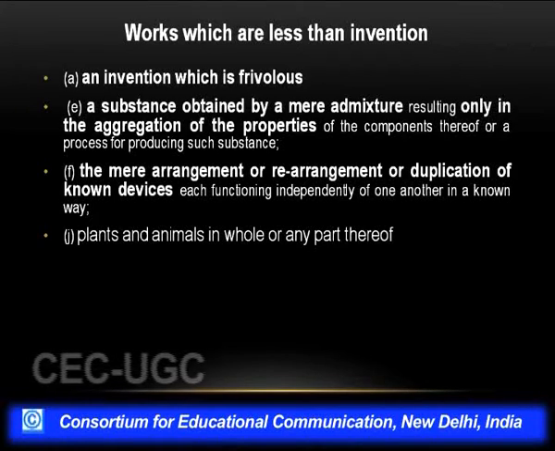Moreover, plants and animals cannot be monopolized by one single individual because they are for the benefit of society at large. One individual can never own one plant or claim the exclusive right to grow or nurture that plant.